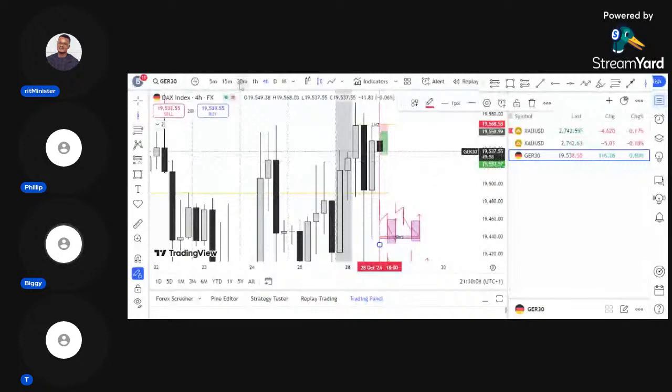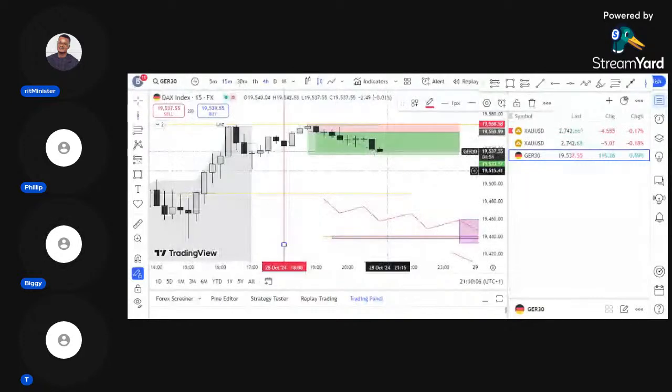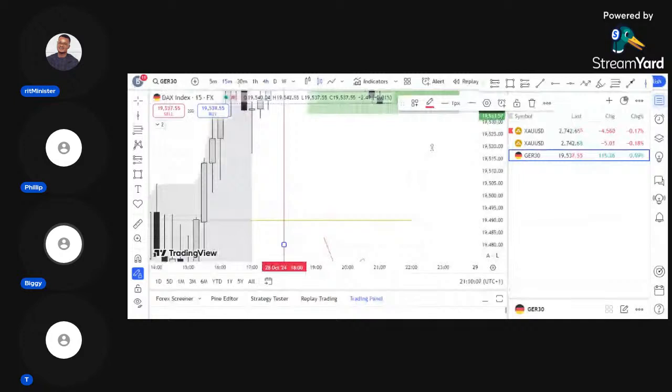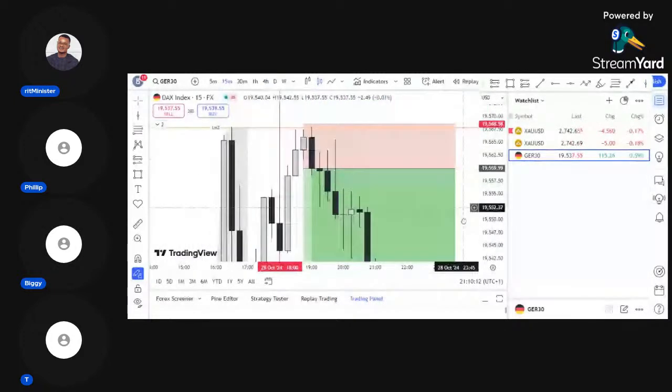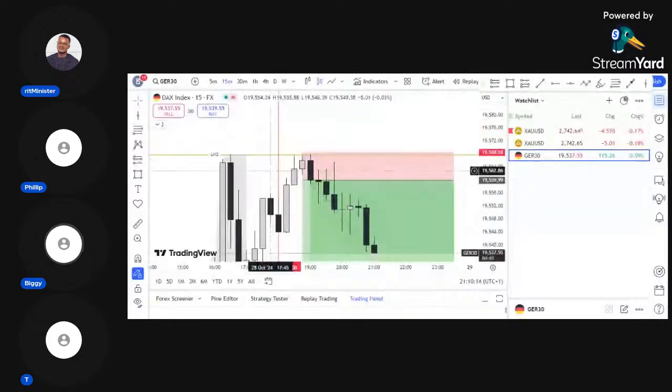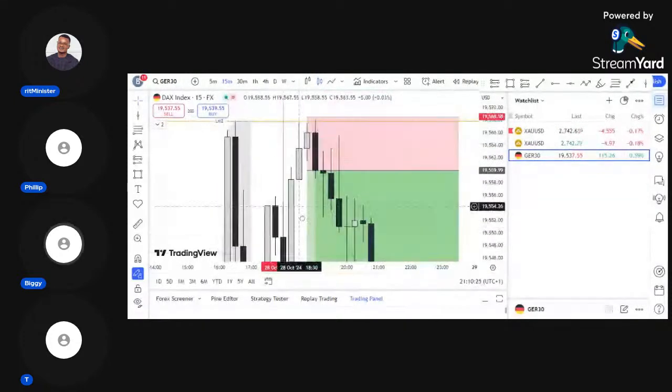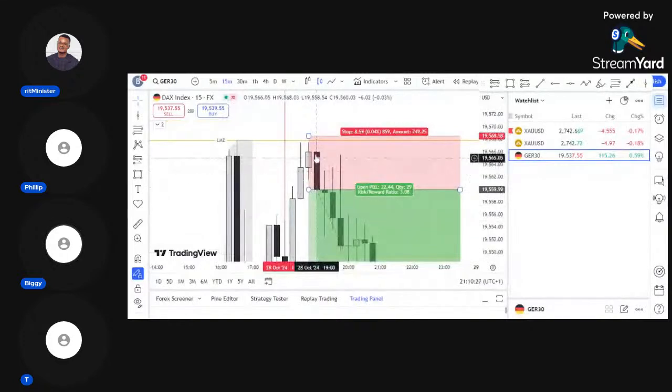So you go to 15 minutes time frame, you can now see that this was when the candle opened, the 4 hours candle, and then this was when it got to the zone. So you can see that when it got to the zone, we had an SCOB candle.